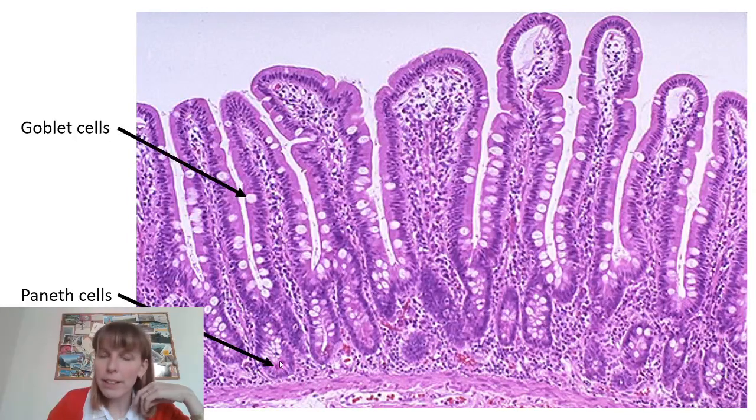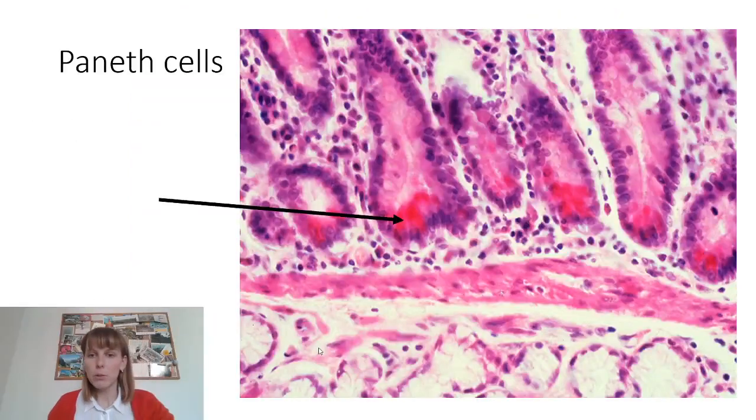So these cells would not need to be on top because their secretion will be very liquid. It's not mucus, so it's able to get out of the crypt. So they could be at the bottom, and if we zoom in, they can look like this if they stain in this red way, but usually they are not this nicely stained.